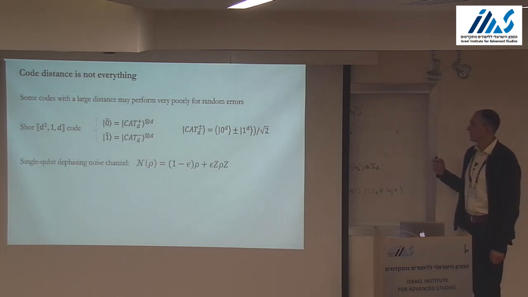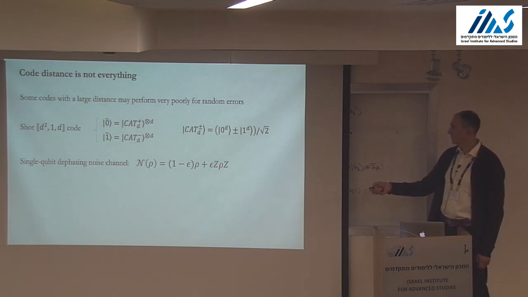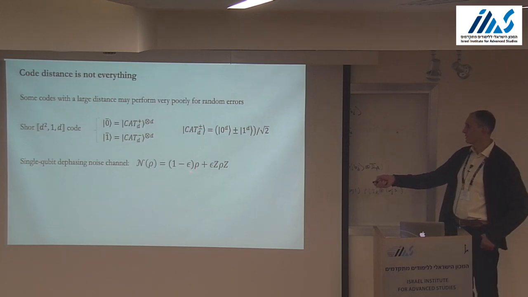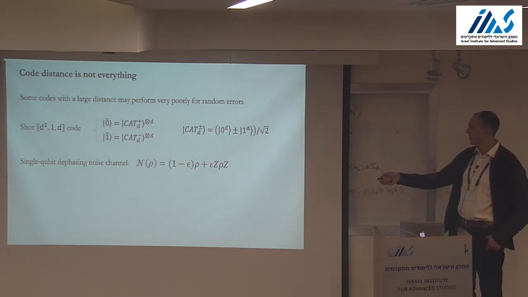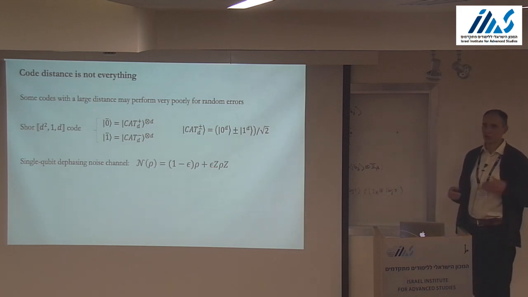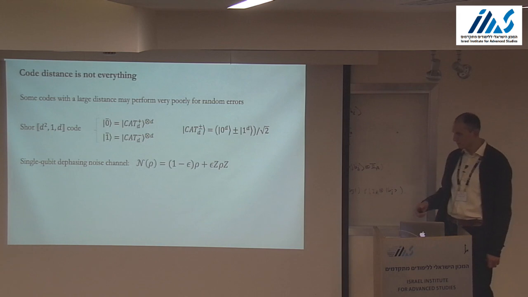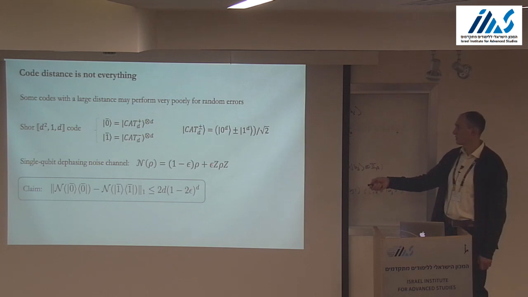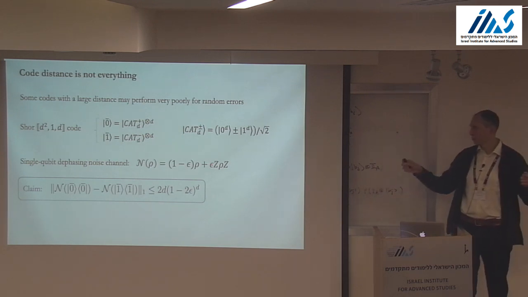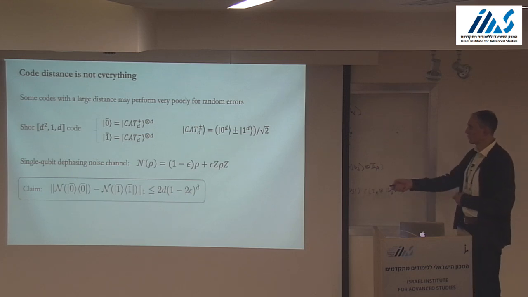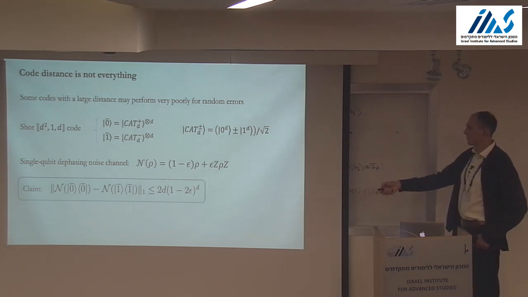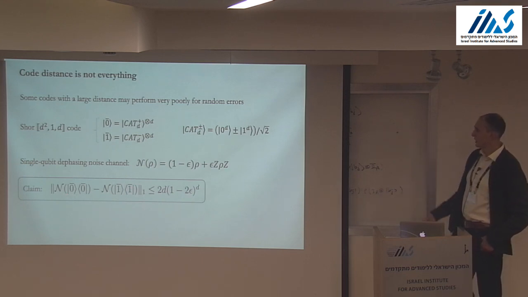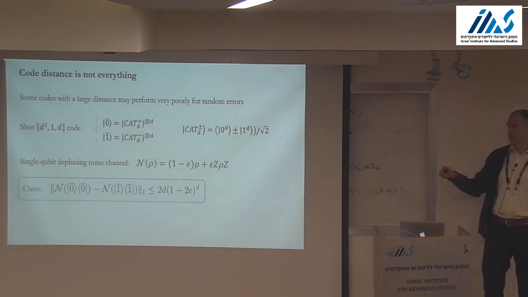And let's consider a noise model that basically describes dephasing. For each qubit, we do nothing with probability 1 minus epsilon, and we apply a Pauli Z error with probability epsilon. And let's say that we apply this dephasing channel independently to each qubit. Then it's not hard to verify that the distance between corrupted 0 and 1 states decays exponentially with d.